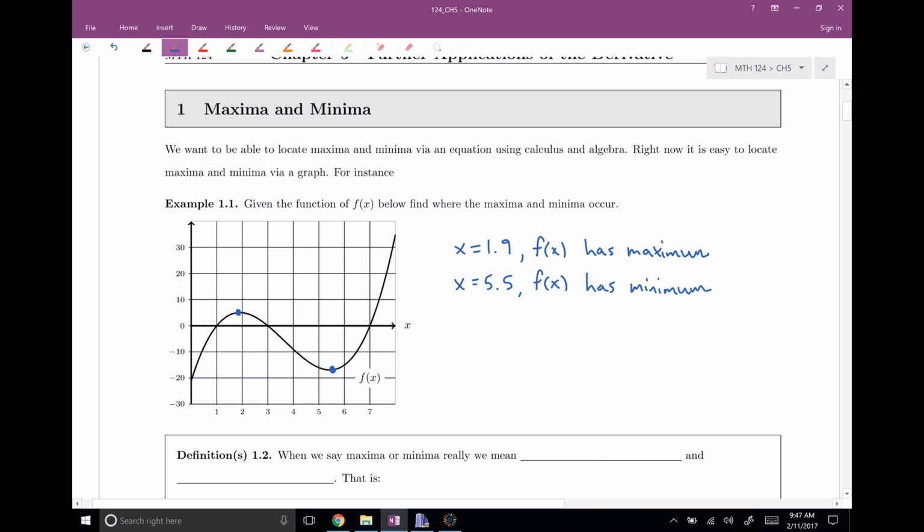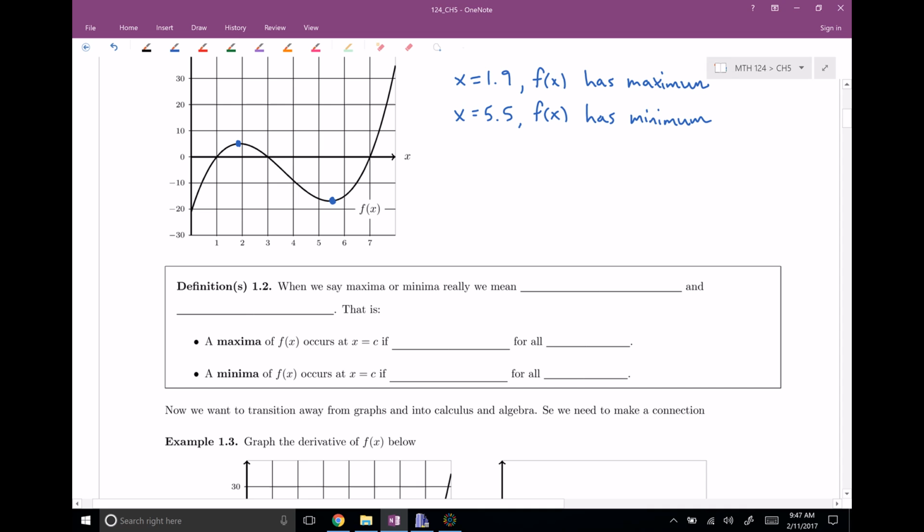So you can see when I say maximum or minimum, I'm talking about a y value, right? So here at the maximum part, this is the largest y value around, essentially. And likewise down here at 5.5, this is the smallest y value around. It has a minimum around that point.